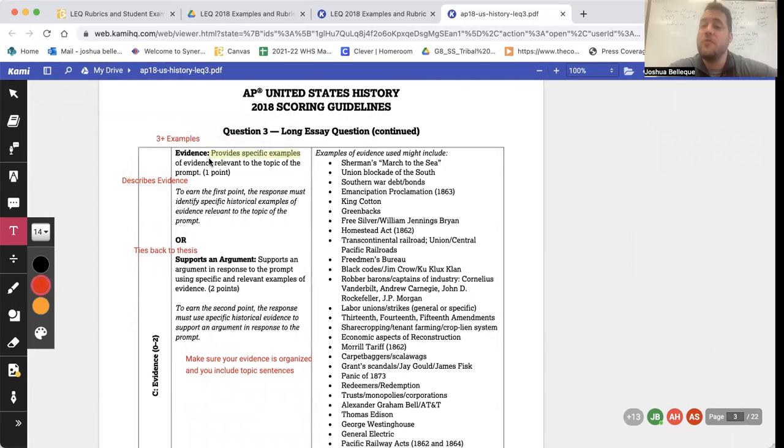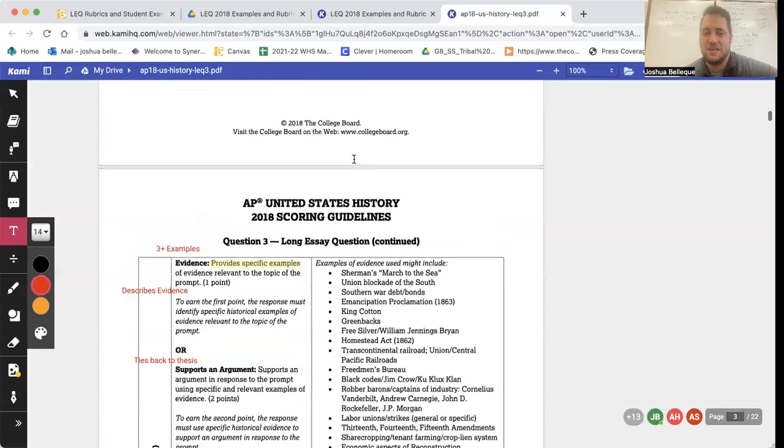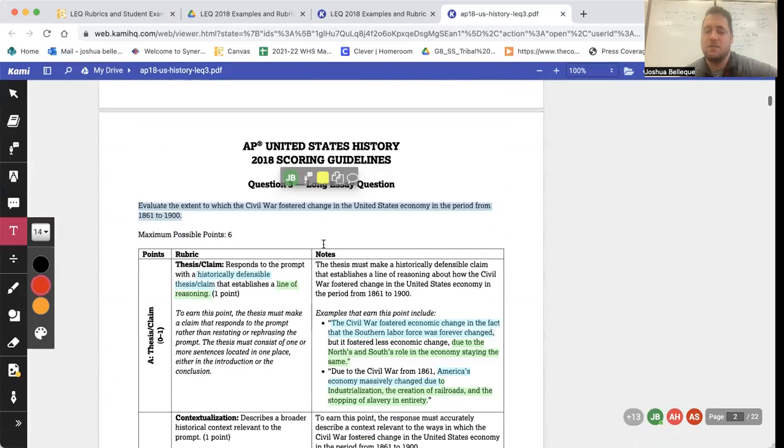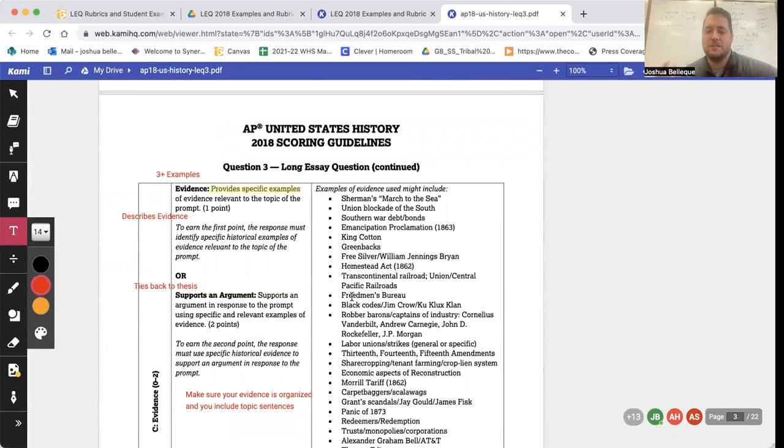I want 3 pieces of evidence for our LEQ. You need 3 specific pieces of evidence, and you need to describe the evidence in detail. Tell us what it is. For the Civil War, explain the Freedmen's Bureau, explain Pacific Railroads, explain the Black Codes, Jim Crow laws, the Ku Klux Klan, explain all that kind of stuff for the reader and for myself, since I'll be reading this one.